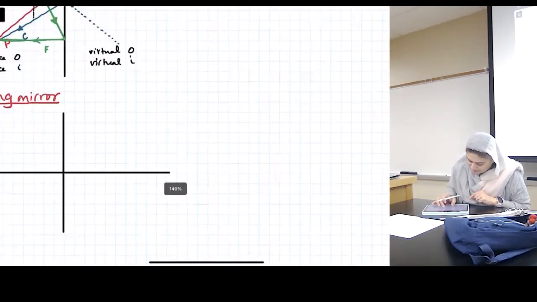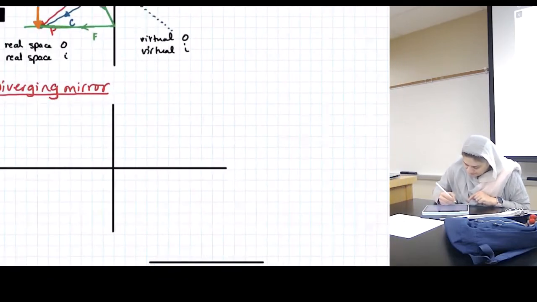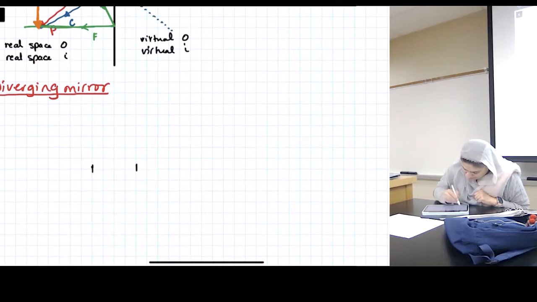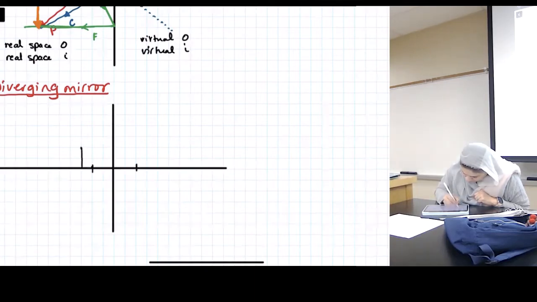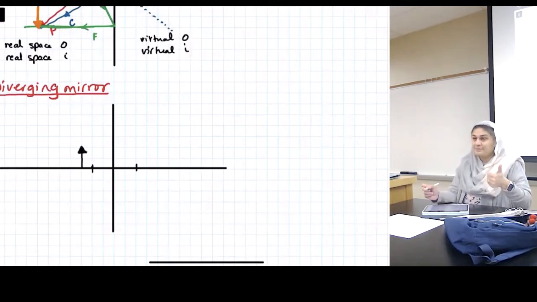Okay, keeping all our requirements exactly the same. My focal will be at 10. My object also same at 15. The same three rays: principal, chief, focal.